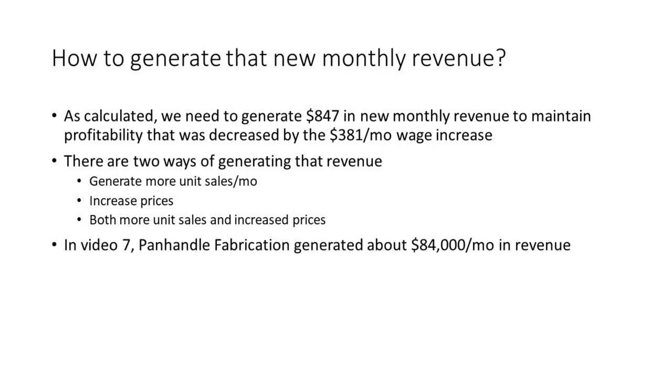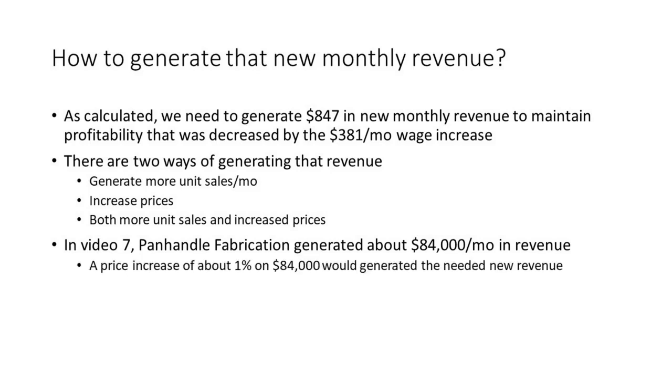In video 7, you might recall, our company, Panhandle Fabrication, generated about $84,000 per month in revenue. Using them as an example, we can see that a price increase of about 1% on their $84,000 a month in revenue would actually generate pretty much that $847 we're looking for to cover the wage increase.